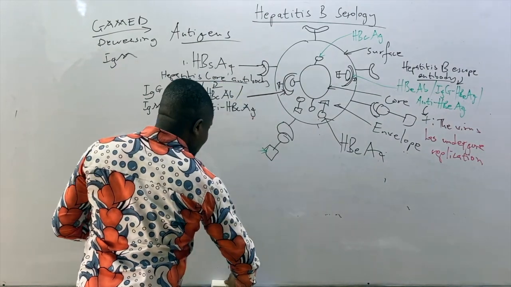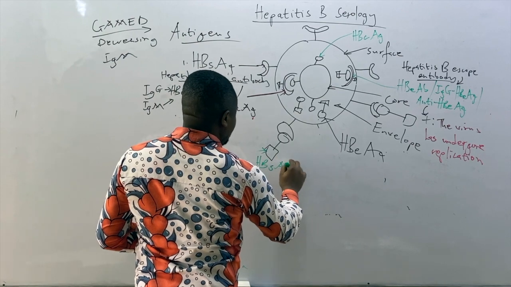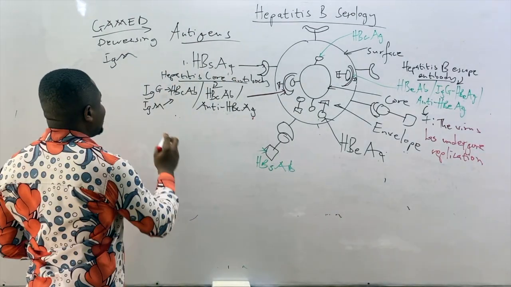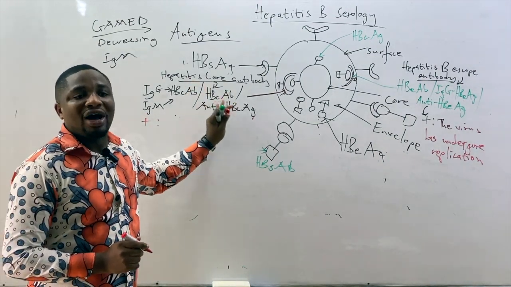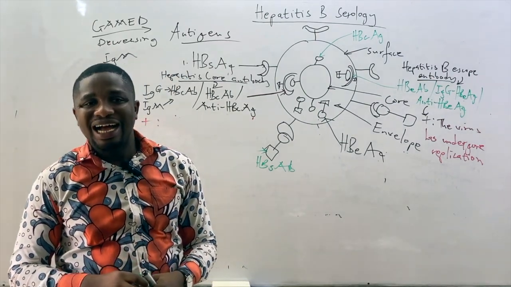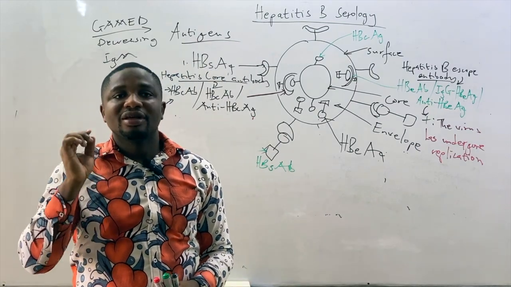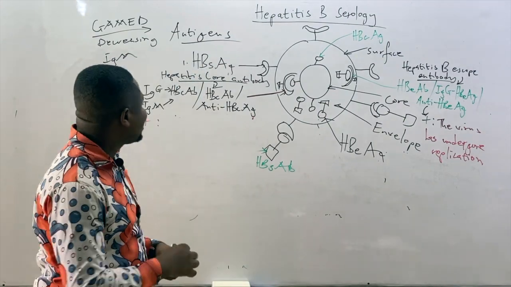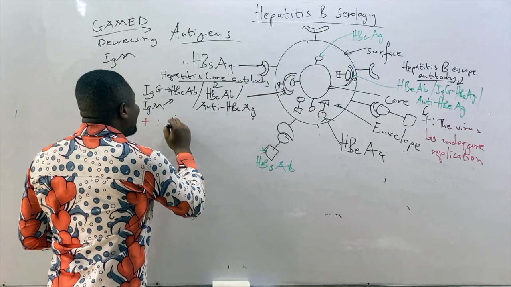For the hepatitis B core antibody, there are two reasons here. Anytime hepatitis B core antibody is positive, know that that patient, whether currently or previously, has had the hepatitis B viral infection.